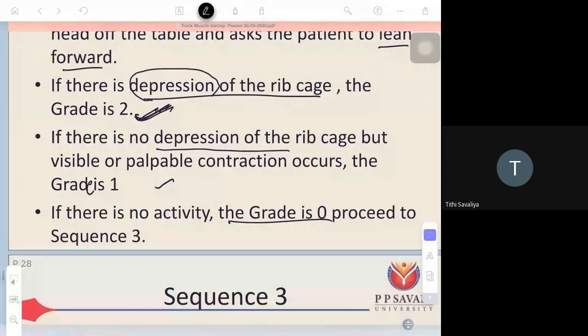If the rib is depressing, muscle power is 2. If the ribs are not depressing, there is no depression and only palpable contraction, grade is 1. If there is no activity, then grade is 0. Clear? And then proceed to sequence 3.